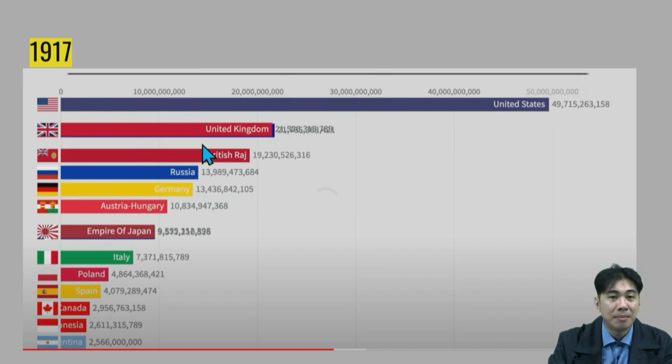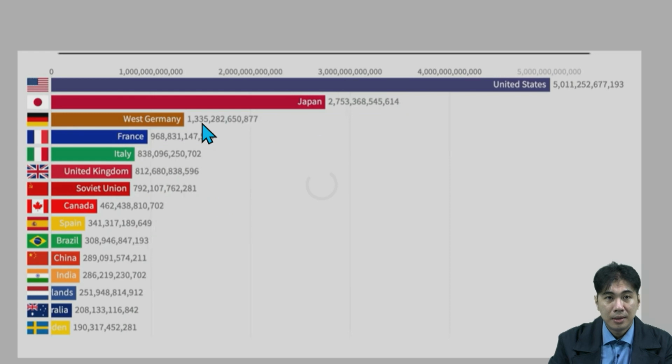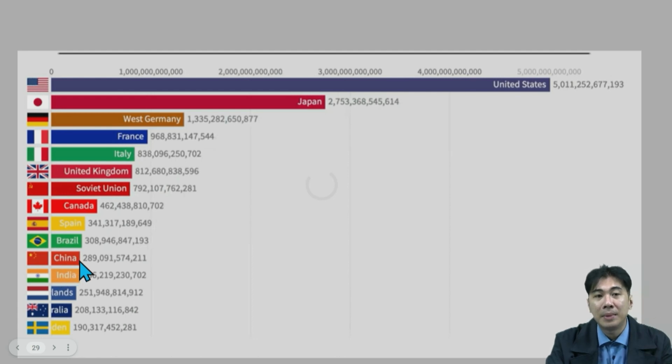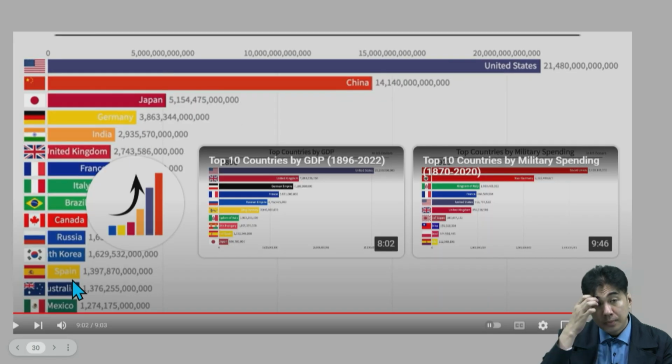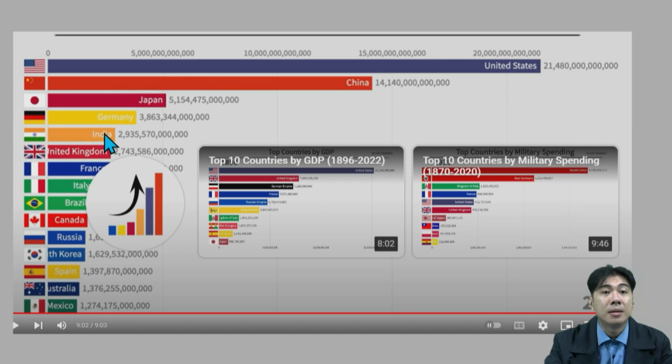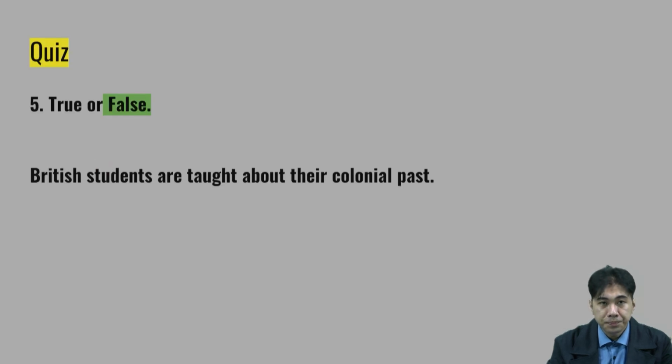The UK was stealing money from India. And then India became one of the poorest, along with China. China and India used to be the biggest economies in the world until Western Europe and America made them poor. And then we're back here. India recently became bigger than the UK again in terms of economy. So India is coming back.